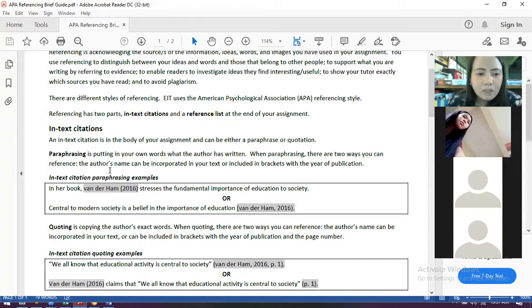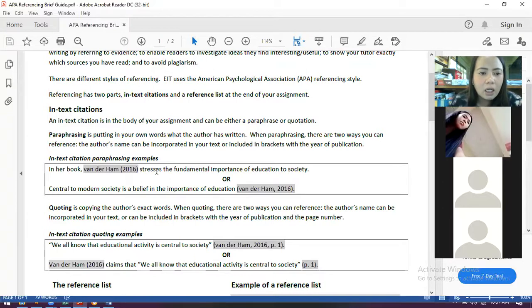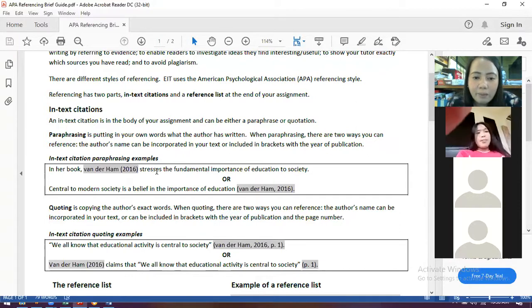Okay. Next, let's proceed to quoting. Quoting is copying the author's exact words. So when quoting, there are two ways you can reference. The author's name can be incorporated in your text or can be included in the bracket with the year of publication and the page. Ano yung difference ngayon ng in-text citations na paraphrasing at saka ng quotation?